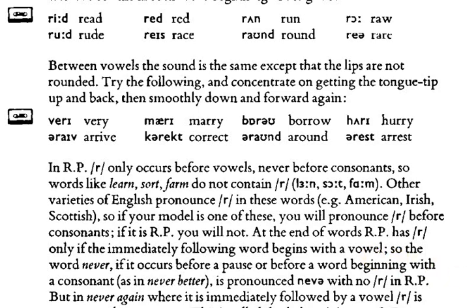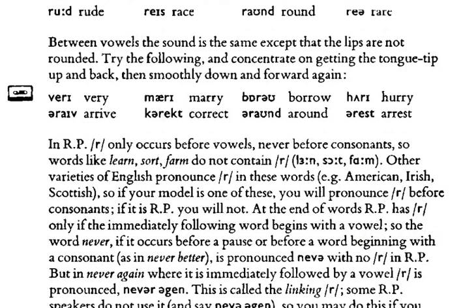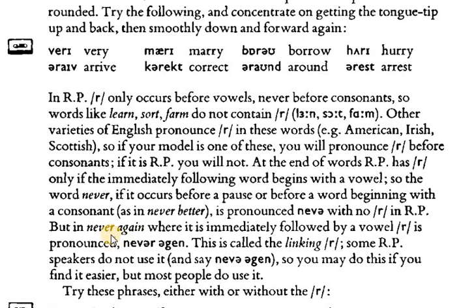Now but in never again لكن في عبارة never again طبعا I'll pronounce r. I will pronounce it never again. Why? Since I have a vowel which is at the beginning of the word again, so it's going to be pronounced as never again.